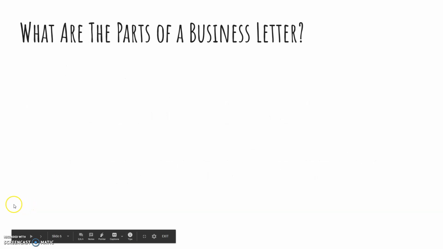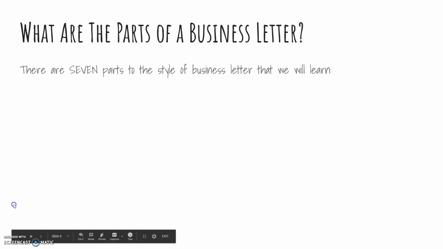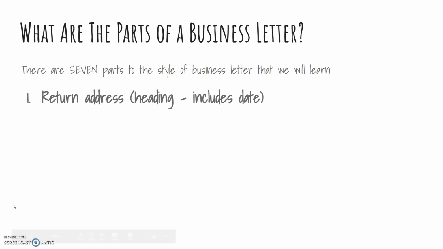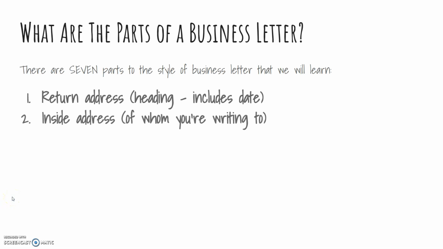Okay, there are 7 parts of a business letter, and some of them you already know. So our return address is our address, and this time it includes the date. And then you need to know the inside address of whom you're writing to. So in the example I'm going to show you, I'm going to write to the Apple Store at Southgate, so I had to look up their address.